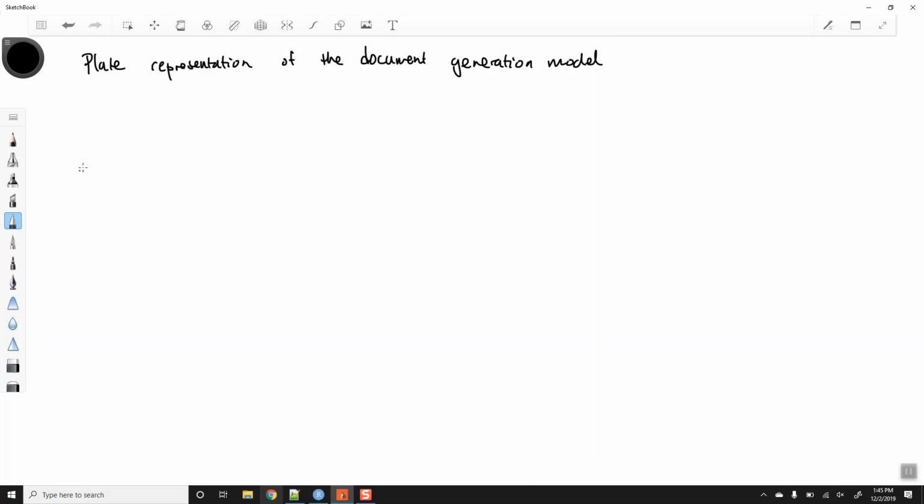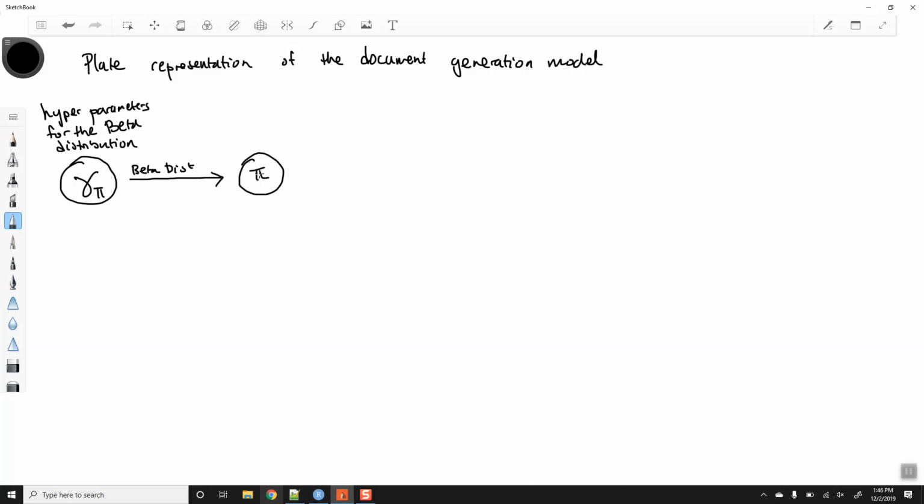First we're going to have these hyperparameters for the beta distribution. So these go into a beta distribution that produces some value pi.